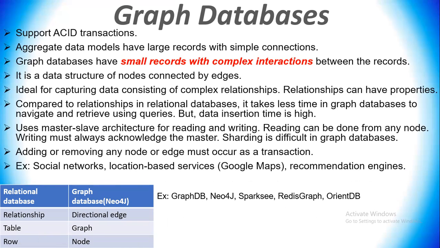So these are the use cases. For social networks like Facebook, this example you may be very familiar. For Google Maps, when you are moving in a vehicle, you often use Google Maps to find the path to a given location.